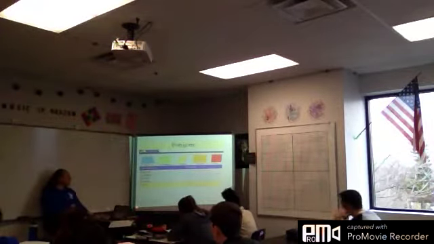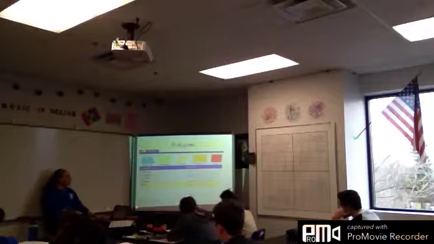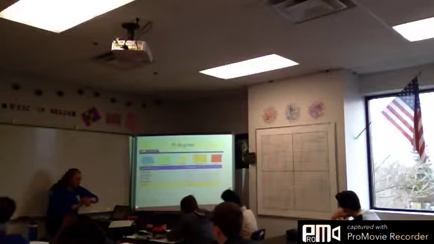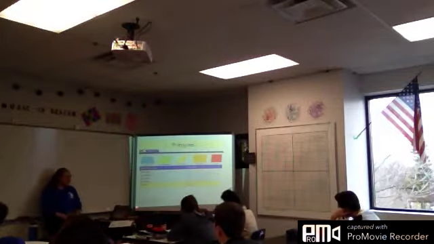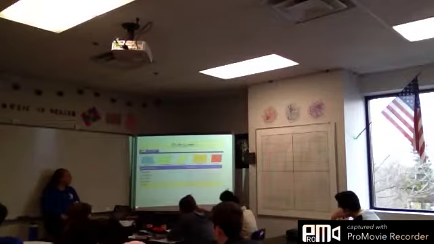A parallelogram is this green one right here. Its opposite sides are parallel, and they are equal in length. Parallelograms have opposite sides that are parallel and equal in length.